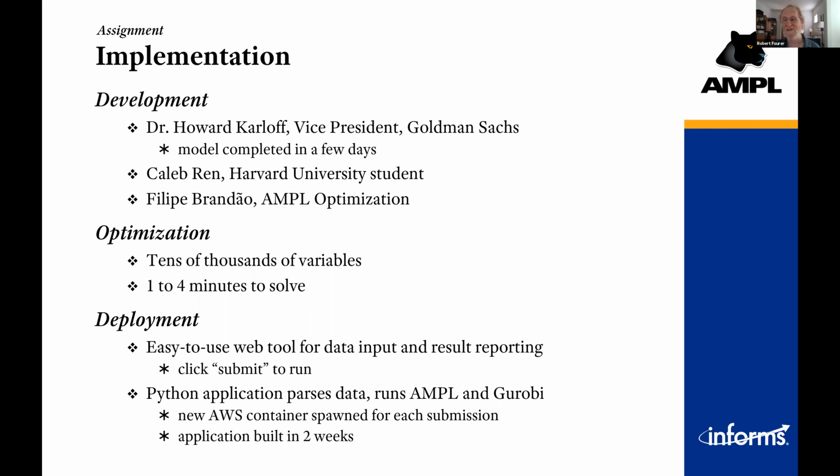It contains AMPL, it contains Gurobi, it contains a Python program that runs them. The data is passed over, and the problem is solved. Then the results are passed back, and the container is destroyed, and the data is thrown away, and the results are back to the user. And this entire application was built in about 2 weeks.